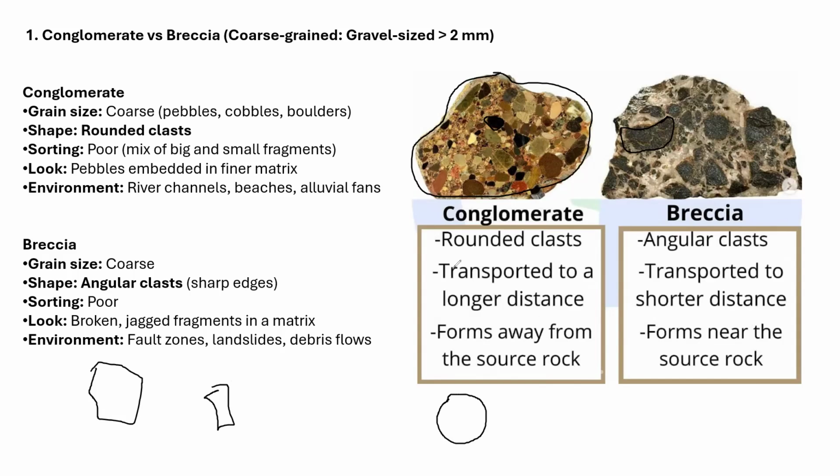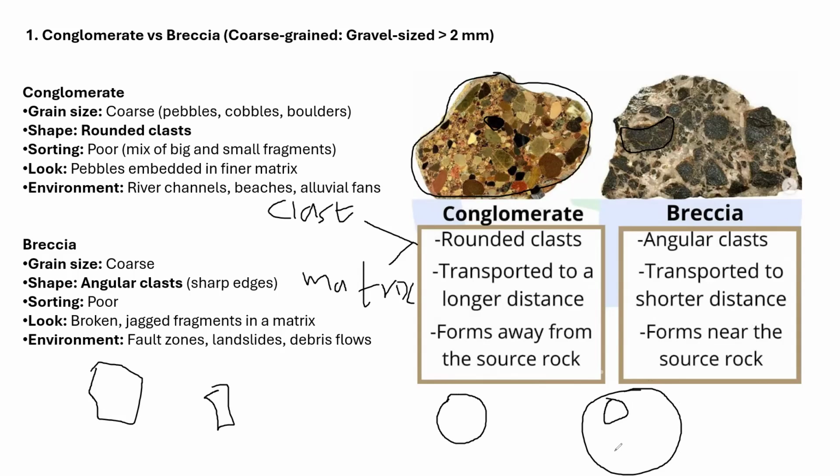In terms of conglomerates, we've got two types: clast supported conglomerate, and matrix supported conglomerate. Now, what's the difference between the two? With the matrix supported, if this is a conglomerate, these are those gravels like this.